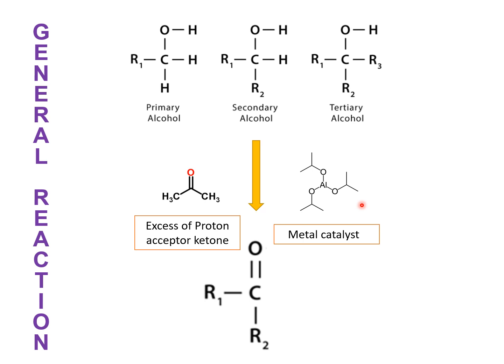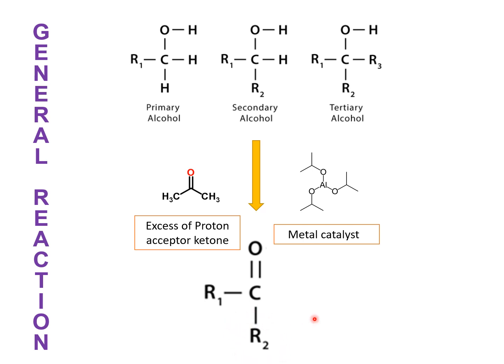So Oppenauer oxidation, though it is possible in primary alcohols also, is specific for secondary alcohols. For getting oxidized, they lose two hydrogens and form ketone. In case of primary alcohols, if they are subjected to this reaction, they will form aldehyde.